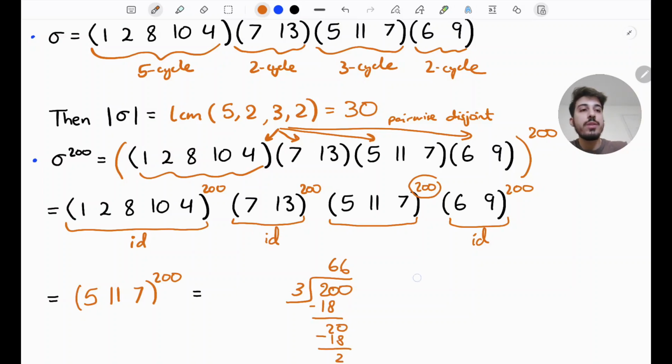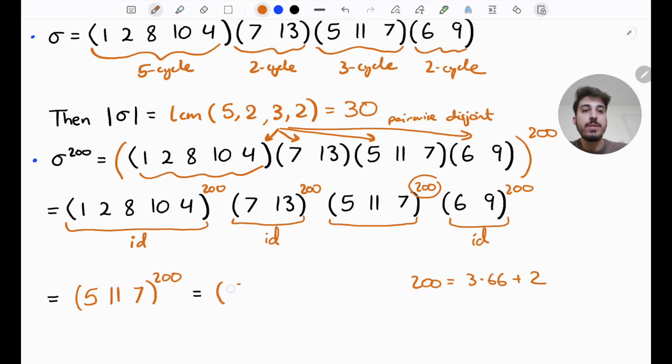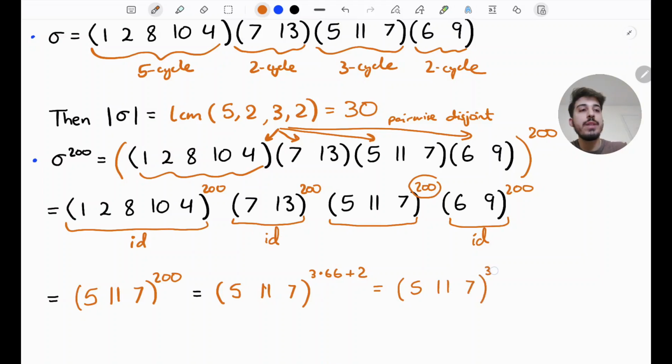So 200 is equal to 3 times 66 plus 2. So we rewrite 200 in this form. (5 11 7) to the 3 times 66 plus 2, and we say this is equal to (5 11 7) to the 3 times 66 times (5 11 7) squared.